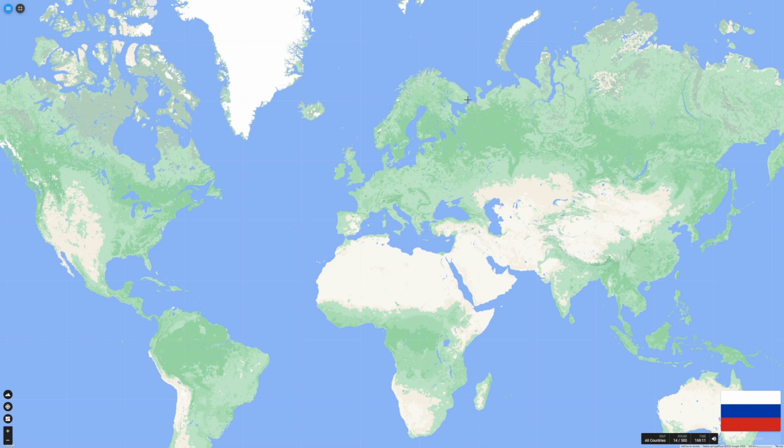But regarding the border between Russia and Finland and Norway, it starts kinda here. So if you click beyond this line here, it's not gonna be Russia. These lakes here are Russian territory. Then it goes like this.